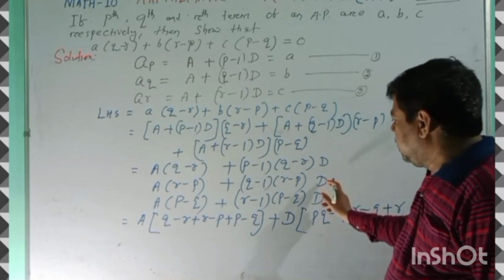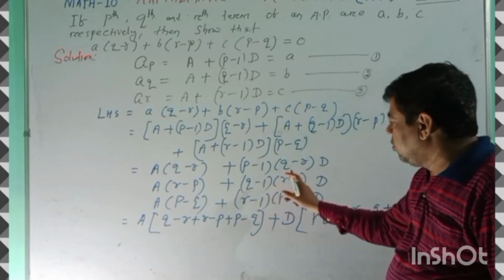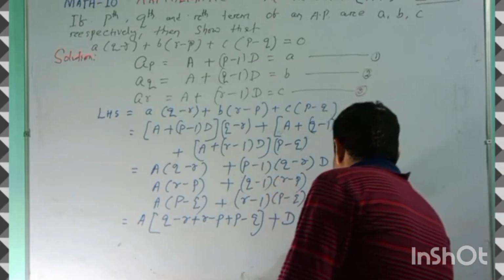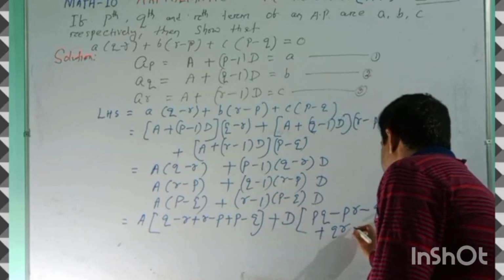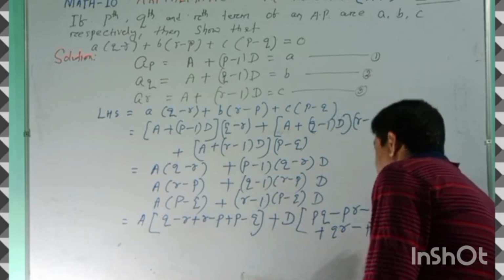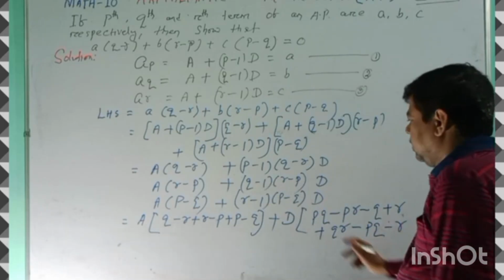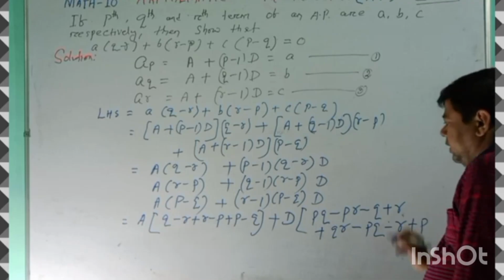Similarly, after taking d as the common factor, the remaining factor will be (q minus 1) into (r minus p). Okay. Now you can multiply q into r, which is plus qr. And q is multiplied with minus p, which is minus pq. Then minus 1 is multiplied with r, which is minus r. And minus 1 multiplied with minus p, which is plus p.